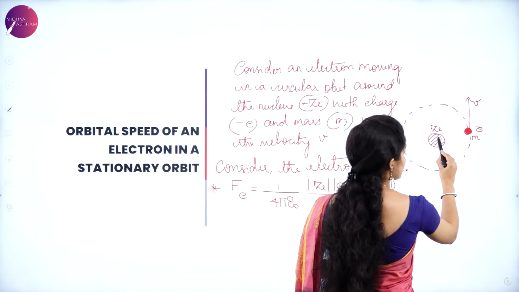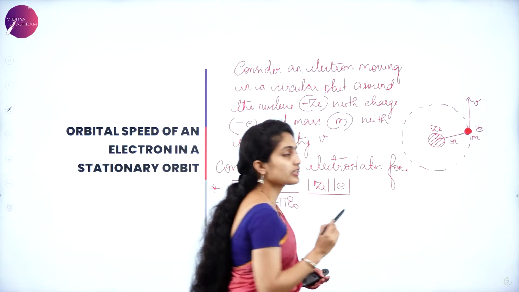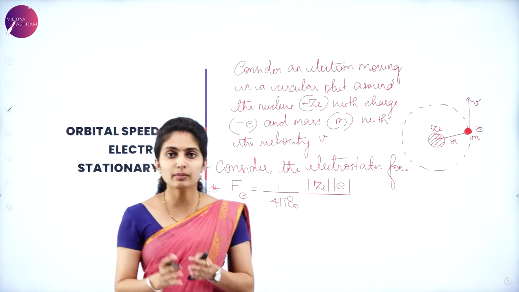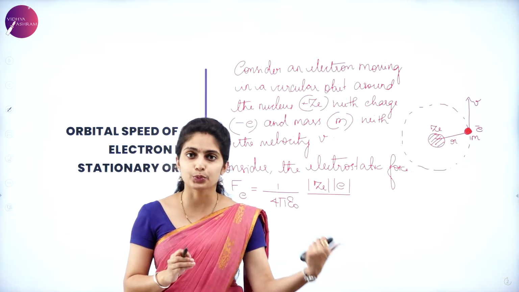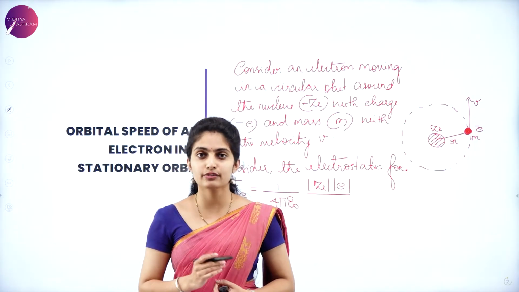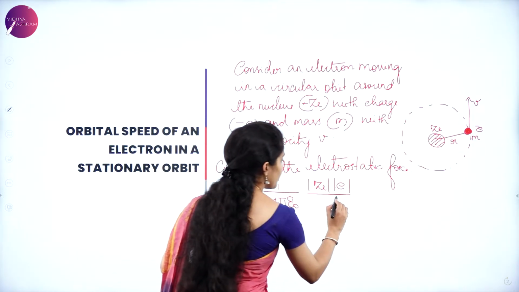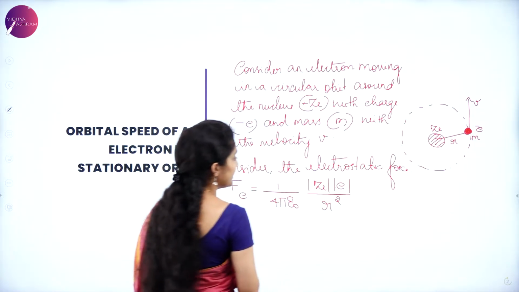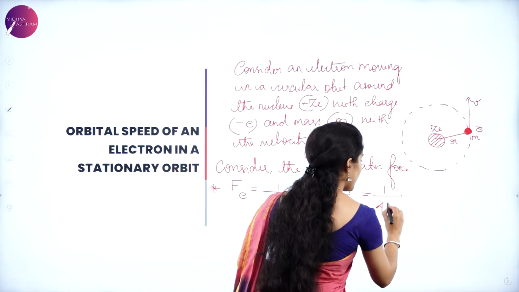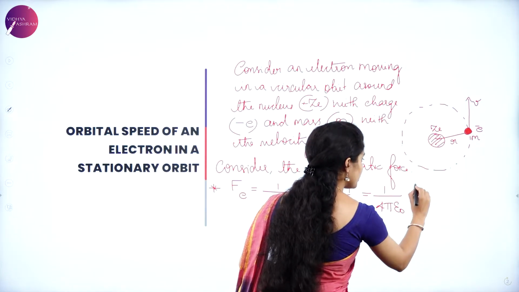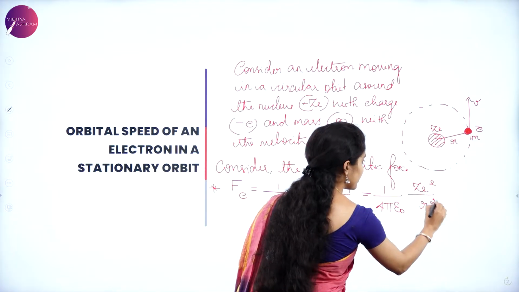That is, the distance from the nucleus to the orbit is r. r is the radius from the nucleus, that is the center of the circle, to the circumference. Circumference is nothing but the orbit of the electron. So, the square of the distance between them. On rewriting this, you have 1 by 4 pi epsilon naught Ze square divided by r square.